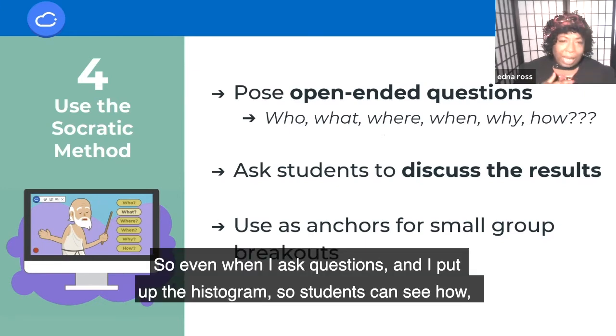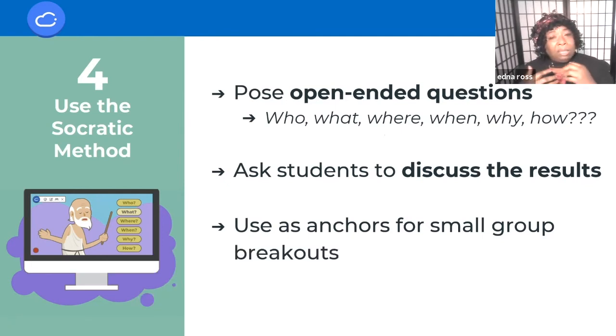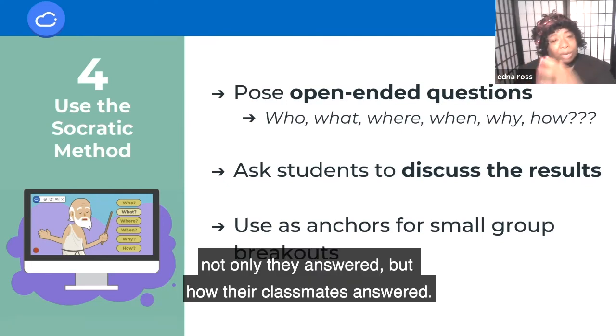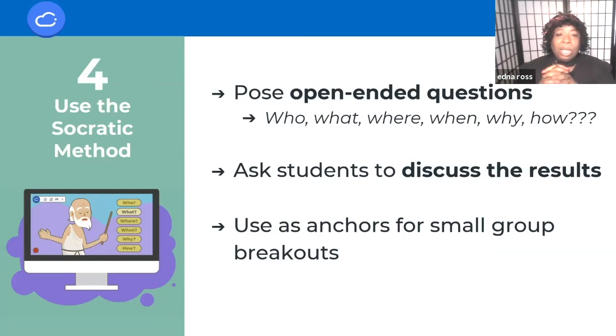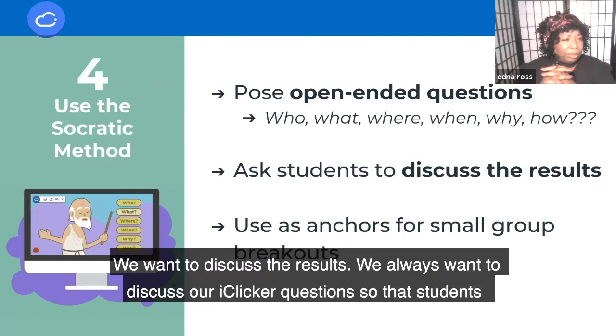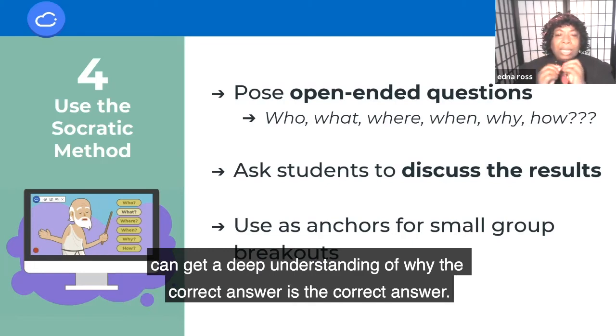So even when I ask questions and I put up the histogram so students can see how not only they answered, but how their classmates answered, we want to discuss the results. We always want to discuss our iClicker questions so that students can get a deep understanding of why the correct answer is the correct answer.